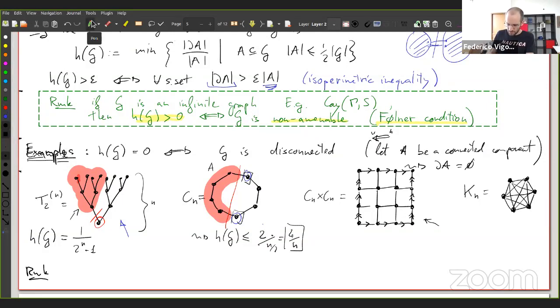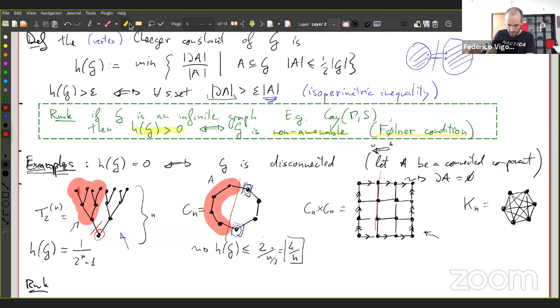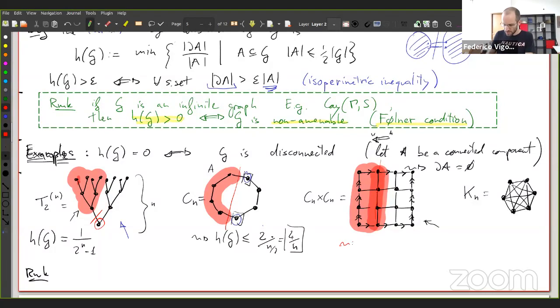That is, before we broke a cycle into two halves, and we can do the same here. We break each cycle into two halves. I mean, we choose one direction and we break that cycle. And so we see that we get the same estimate for the Cheeger constant. So h(G) is less than or equal to 4/n.